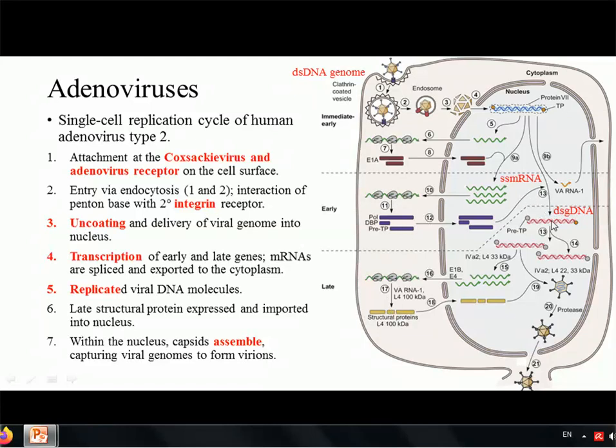At the same time, the viral double-stranded DNA is also synthesized in the nucleus. The capsid protein synthesized in the host cytoplasm is imported into the nucleus and assembled together with the viral double-stranded DNA. From there, they assemble to form new viruses and then escape from the host. It takes about 24 to 36 hours to complete the whole cycle.